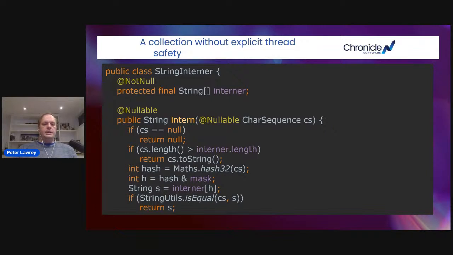This is a technique that we actually use: just an array of strings. There's no keys because the strings themselves are the keys. There's not one that you can see in this code, but it makes 2 attempts to find a string in that array. If it finds a matching string for the character sequence, which could be a string builder, for example, then it returns that string instead.